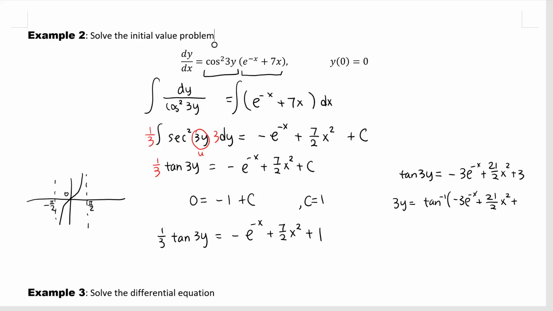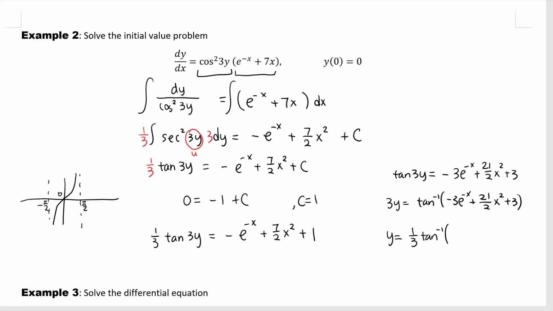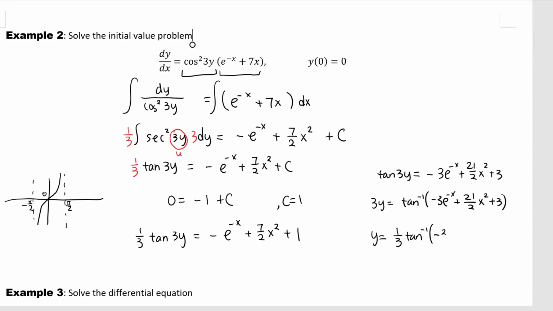Then to solve for y, we divide both sides by 3. So y equals 1/3 arctangent of negative 3 e to the minus x plus 21 over 2x squared plus 3.